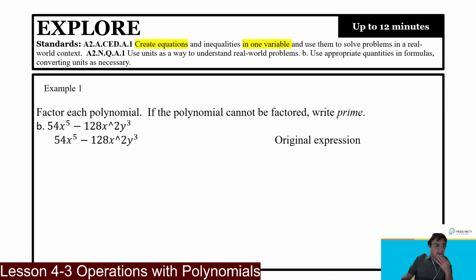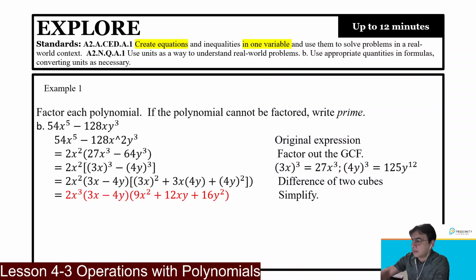Alright, let's see. Do we have anything that's common here? Well, first of all, we don't have to write it like this. Let's see if we can fix it.